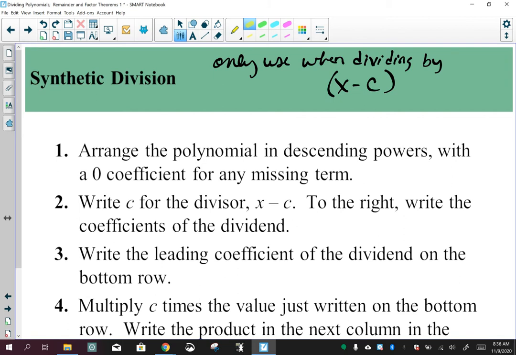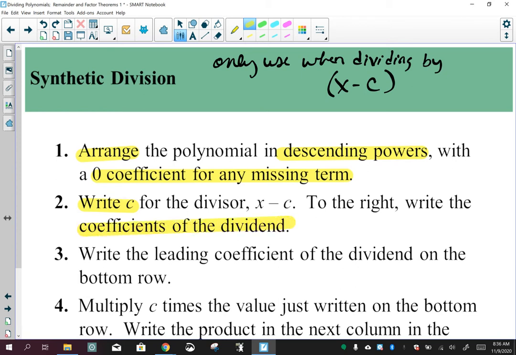So this same thing is going to apply. Arrange the polynomial in descending powers, so we start again with a 0 coefficient for any missing terms. Write c for the divisor of x minus c, so whatever your c is. So we want to make sure, basically, you're going to solve that linear. And then you're going to put that on the right and then write the coefficients of the dividend.